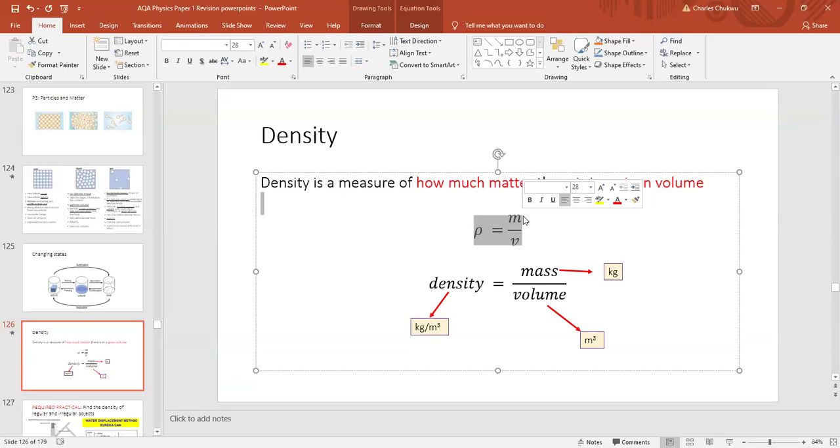Because look at it now. 1/2 is 0.5. 1/3 is 0.33. So it has already dropped. The density has dropped from 0.5 to 0.33. Now, if you keep on heating that gas, the volume increases further to 4. 1/4 is 0.25.